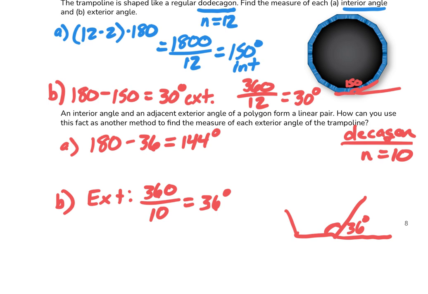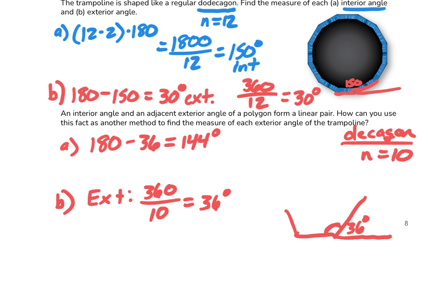Okay, so do we even have to use the n minus 2 times 180? Not necessarily. Could we? Absolutely. Like over here, we did the 12 minus 2 times 180. It would give us the same answer, but just a little bit different way of getting to the same answer without having to use that formula that we did yesterday. So once again, it all kind of depends on the question that we're being asked. What are we looking for? What are we trying to find? But you don't always have to find the interior first and then the exterior first.